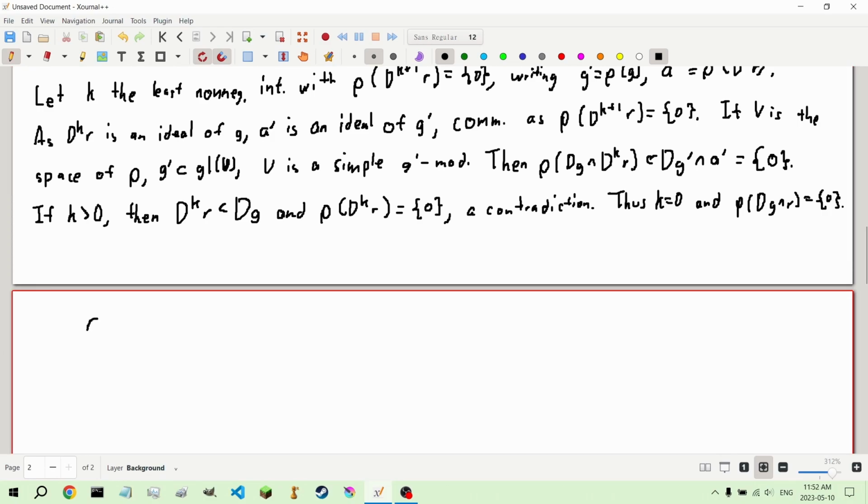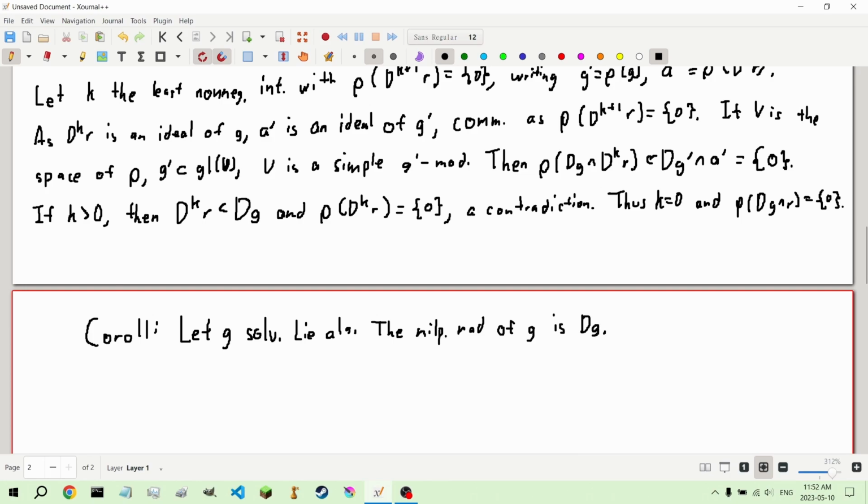Corollary number 1. Let G be a solvable Lie algebra. Then the nilpotent radical of G is the derived algebra.